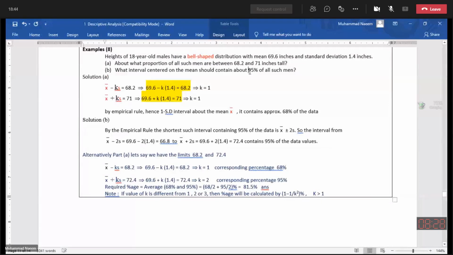And a certain percentage is given. So again, by the empirical rule, approximately 95% of the data is contained within two standard deviations of the mean. This interval is x bar minus 2s to x bar plus 2s, or we can also express this interval as x bar plus or minus 2s.